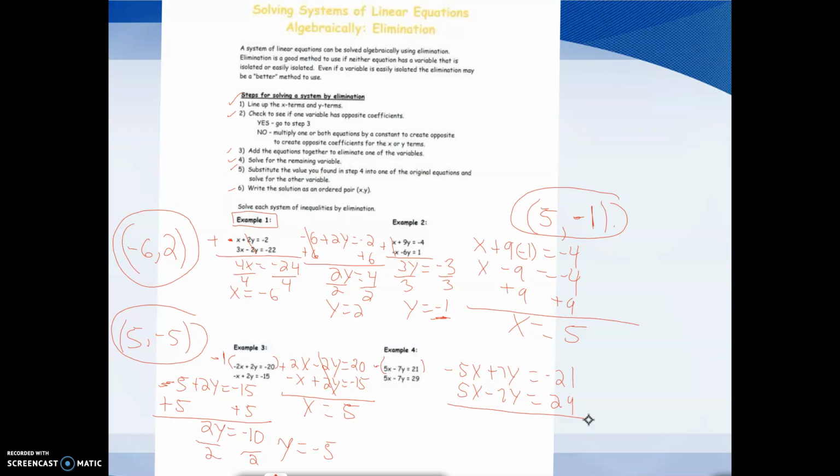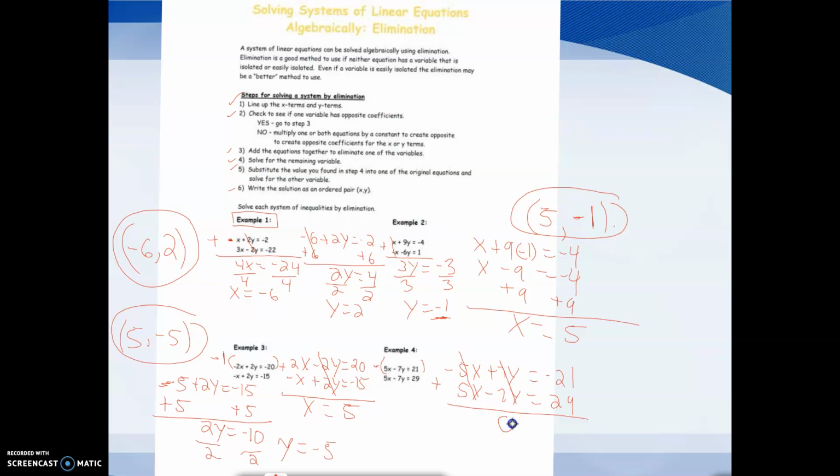All right, so we're going to add it, right? Uh-oh, what happens? X's go bye-bye, and so do the y's. So if you look at our left-hand side, if they both cancel out, I have nothing, which would be 0, right?